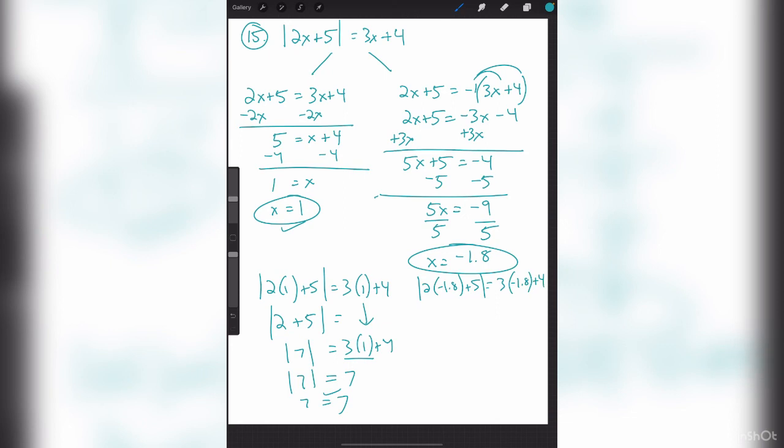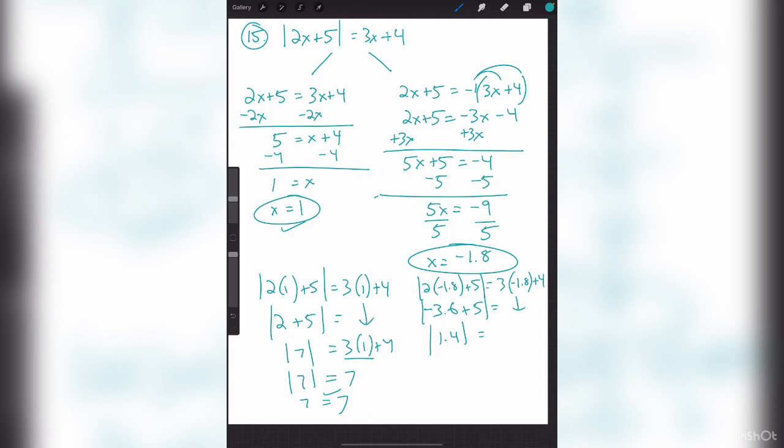All right, so negative 2 times negative 1.8 gives me negative 3.6 plus 5 is equal to, and I'll bring all that down later, I'm going to solve the left side here, negative 3.6 plus 5 gives me a positive 1.4. If you were to take negative 3.6 and add 5 to it, you get a positive 1.4. So that equals 3 times negative 1.8.